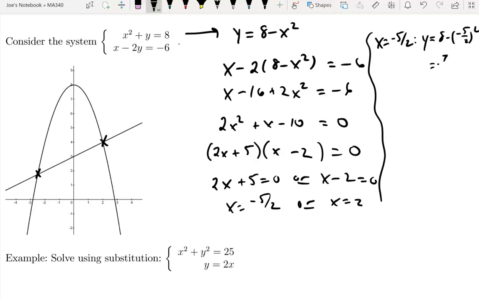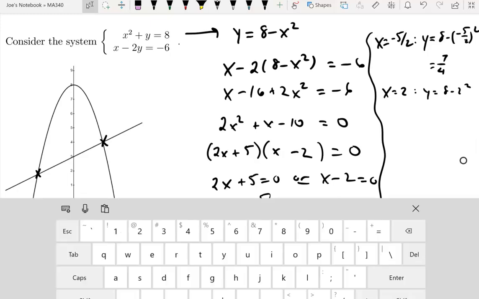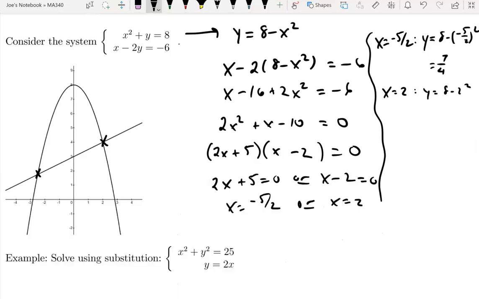So it looks like we get 7 over 4. If x is 2, then y is 8 minus 2 squared. 2 squared is 4, so I just get 4 here. So our two solutions then as ordered pairs would be (-5/2, 7/4) and (2, 4).